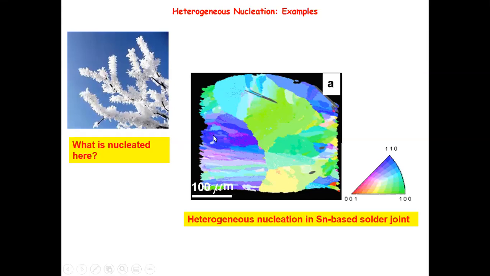So when the droplet of melted solder touches that surface, it quickly nucleates a lot of small solid tin nuclei through heterogeneous nucleation, because it sees the surface, and can quickly nucleate many of them.